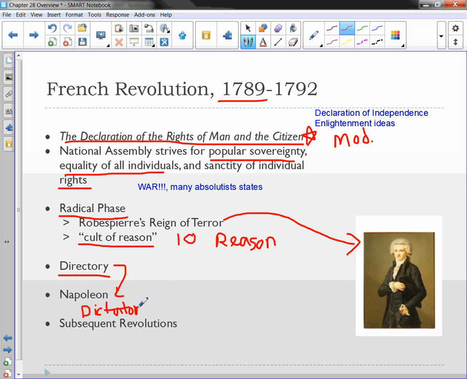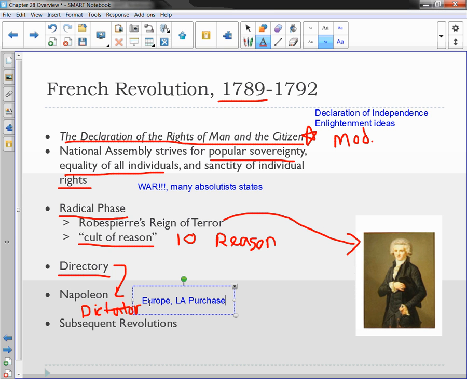Also, Napoleon takes over basically all of continental Europe, and, you know, parts of Africa. He's the one who finds the Rosetta. His troops in his army find the Rosetta Stone and bring that back, so we can read hieroglyphics today. Yay! And he does the Louisiana Purchase.